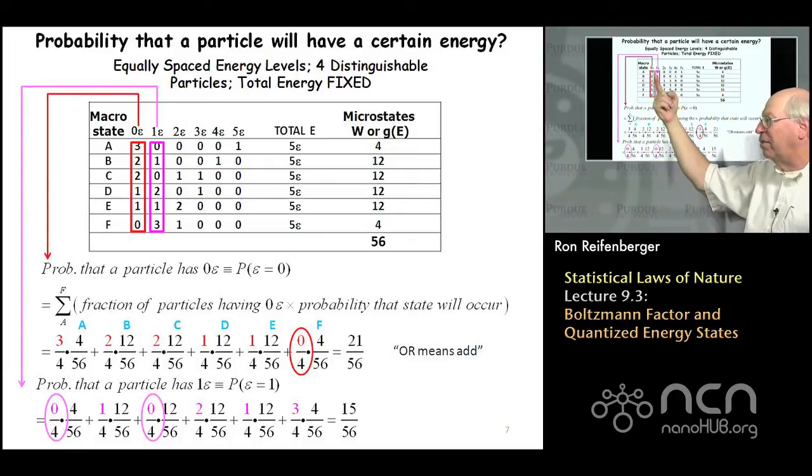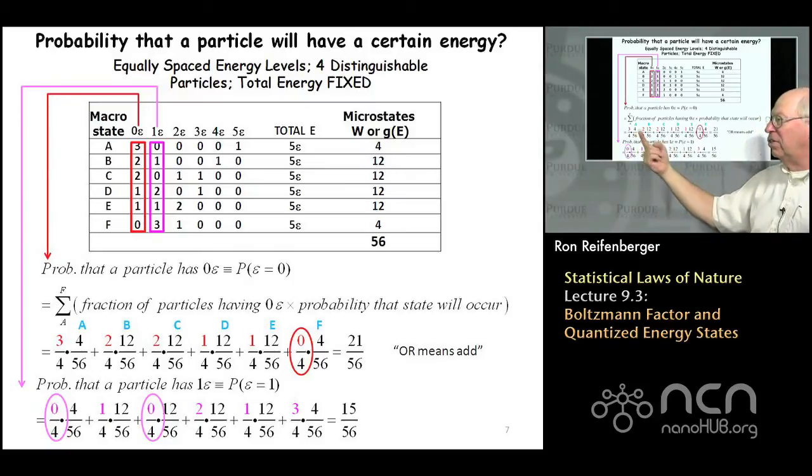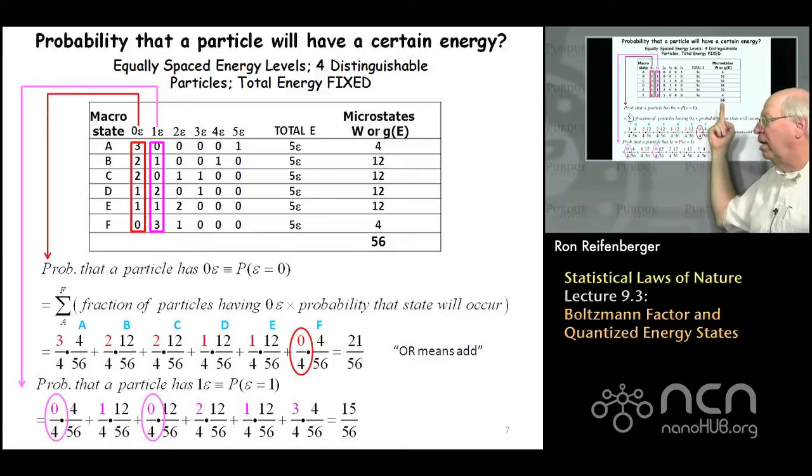The fact that I've got 3 particles in the 0 energy level means that if I pull a particle that's in macrostate A, 3 out of 4 times I will find that particle in the 0 energy state. So that's the first possibility of these 6, and I have to add to that the probability that I find a particle in state B. The probability of state B is 12 out of 56.